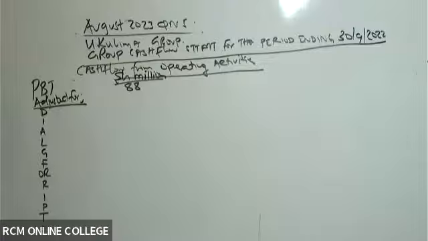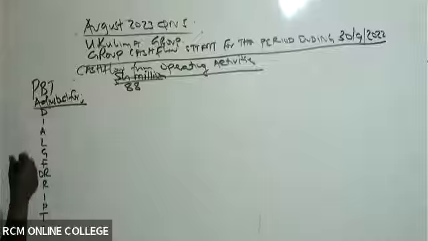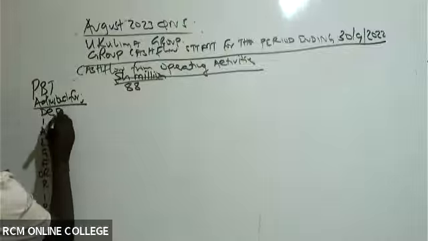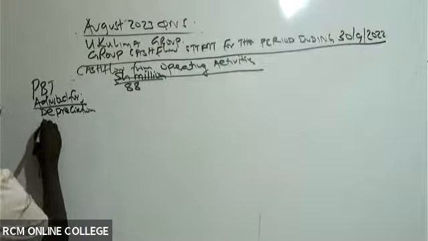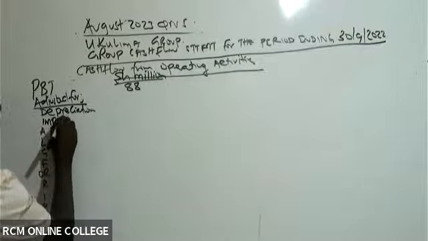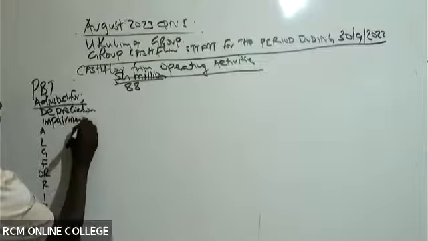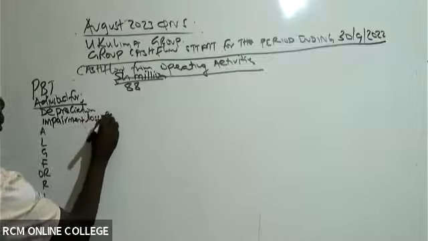Whenever you're looking at the indirect method, you remember this. For the direct method, you can't use this acronym. So, the first D stands for depreciation. Here we have impairment loss of goodwill.